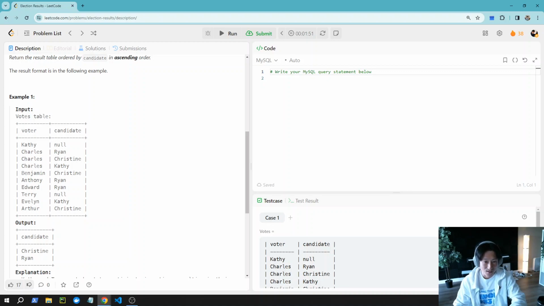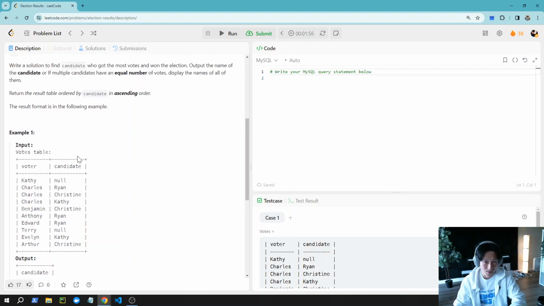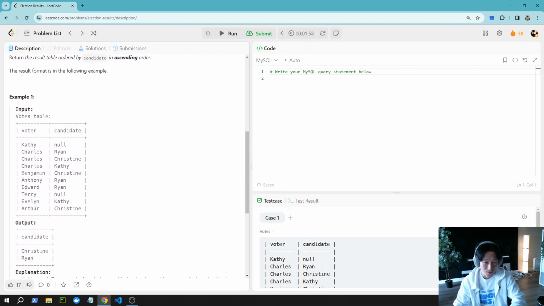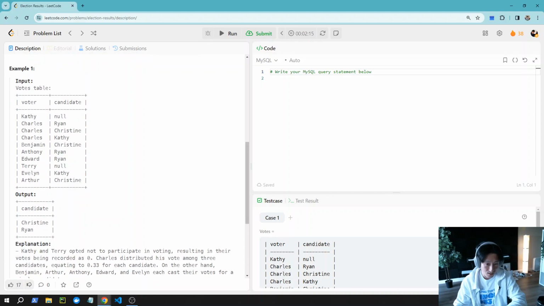Let's say we have Charles, and Charles actually voted for three people, so the one vote is going to be distributed across three candidates from the problem. Benjamin voted for only one person. Anthony voted for only one person. Edward one person. Terry didn't vote, so that is why we have null records in the table.